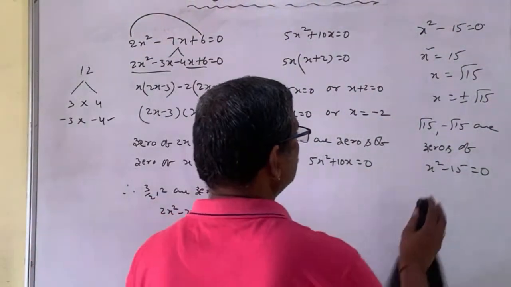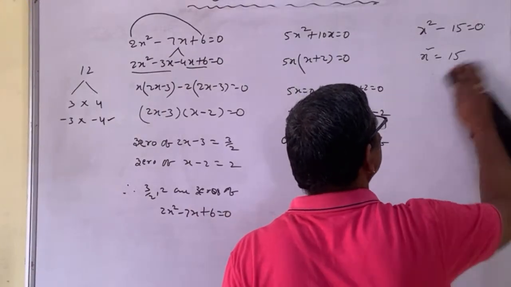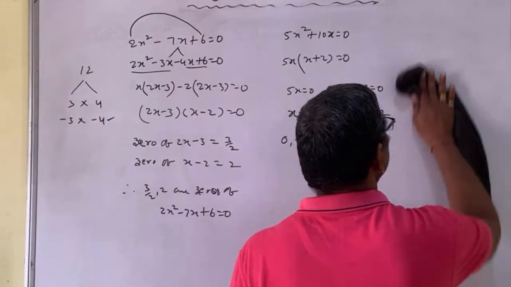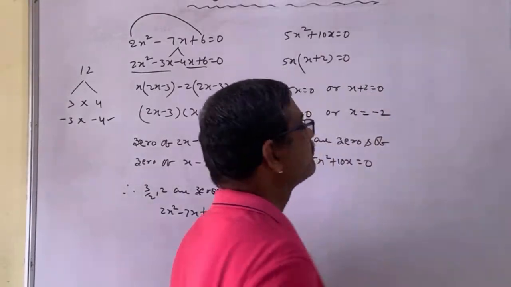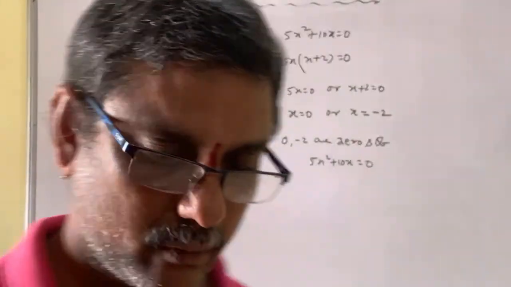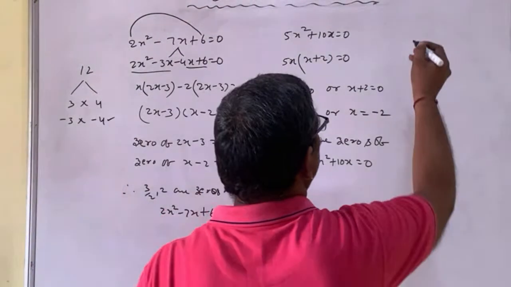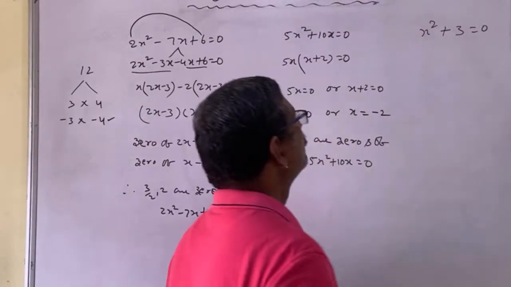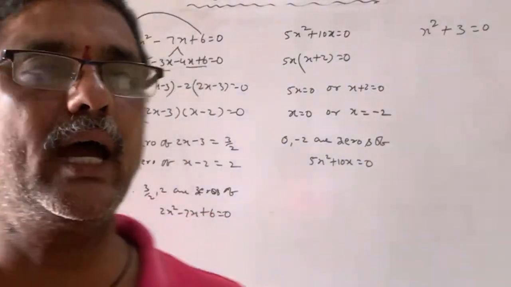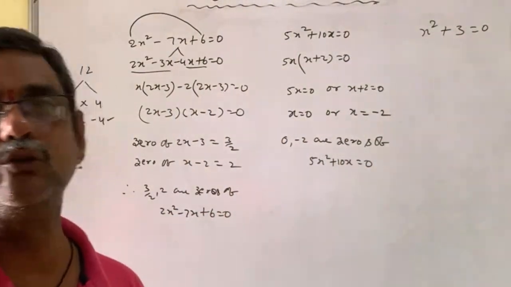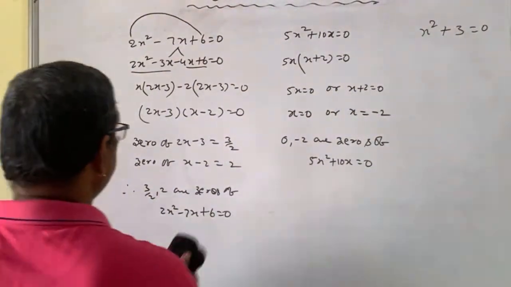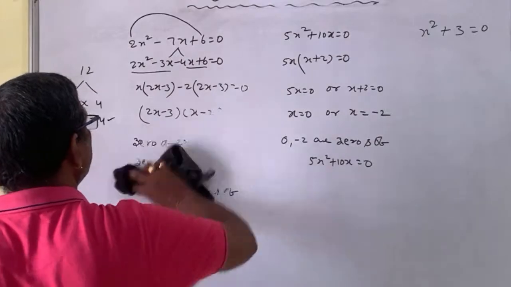Suppose the problem is like this. Find the zero of x square plus 3 is equal to 0. We'll consider that one. These two are easy only.